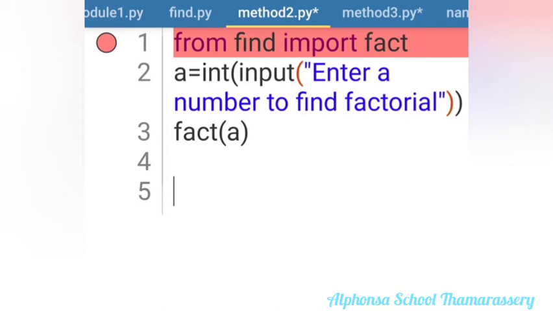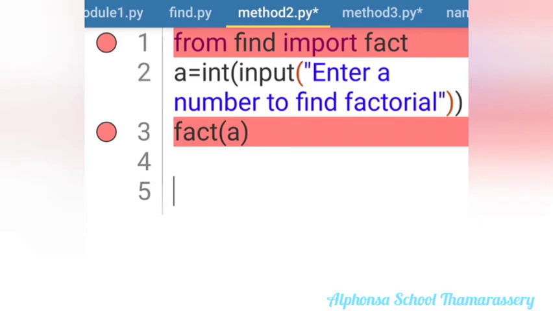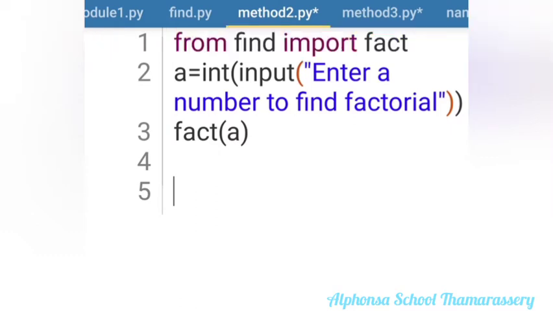And here see the function calling. I simply call fact of A because I specify the function name here. So now fact is part of the present program's namespace, so I need not specify it explicitly like find dot fact of A. So it will work in the proper way, but I cannot access any other function which is defined inside the module find.